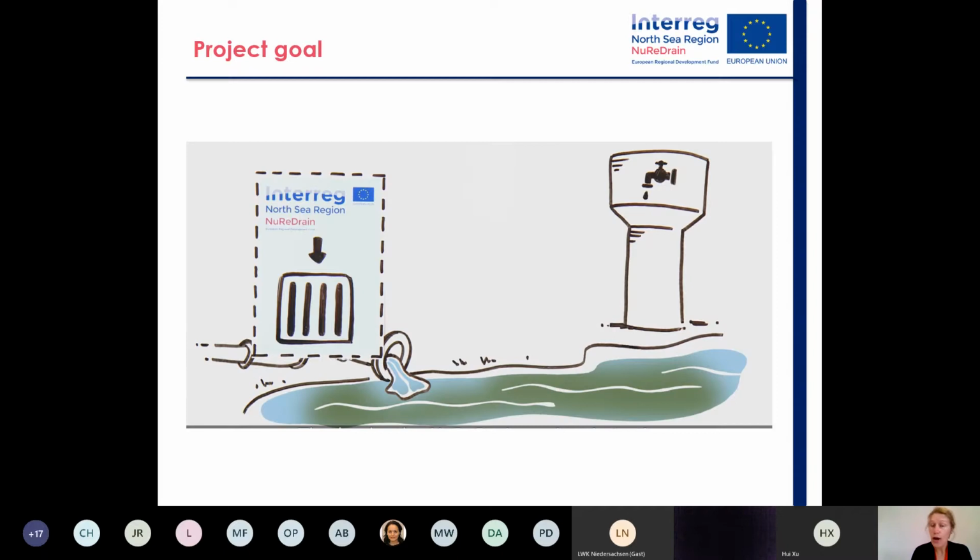The goal of our project is to combat eutrophication by installing end-of-pipe technologies to remove nitrogen and phosphorus from agricultural-related waters before they enter the surface water.